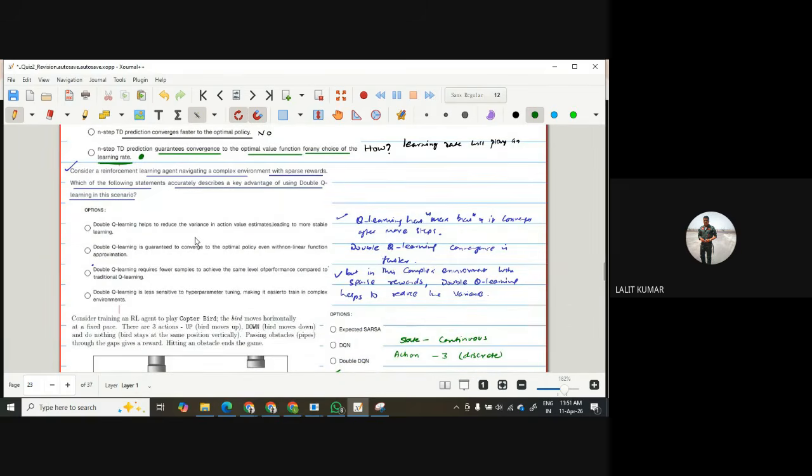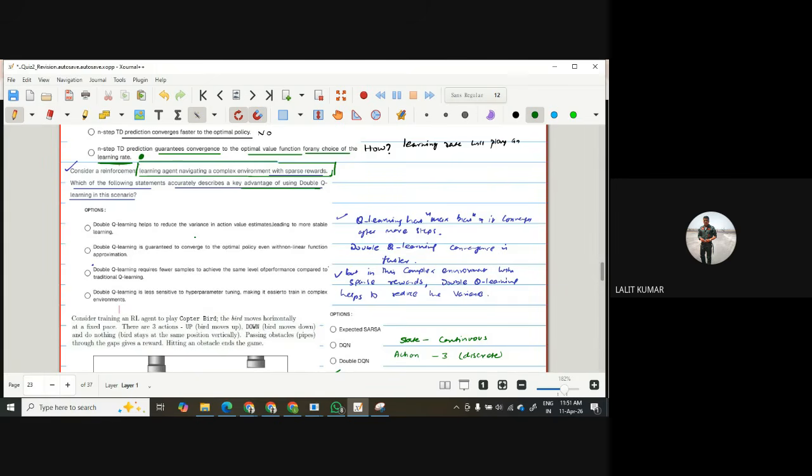Consider a reinforcement learning agent navigating a complex environment with sparse rewards. This is very important language, taken straight from the slide. Which of the following statements accurately describes a key advantage of using double DQN?